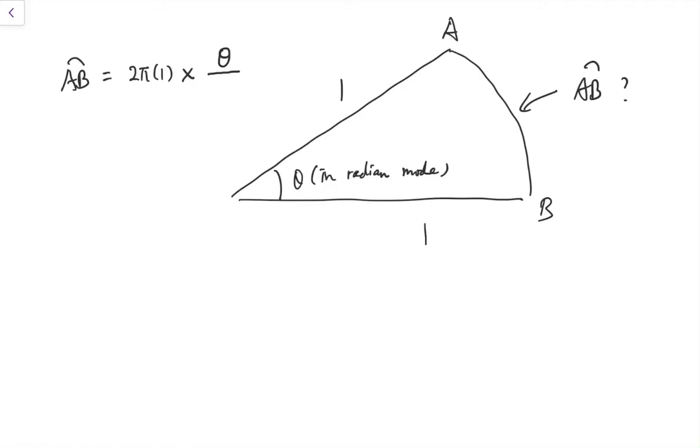Now, here is theta. And if it is degree mode, then the denominator is 360, right? But now in radian mode, so it should be 2 pi. Then you will actually find AB is theta.